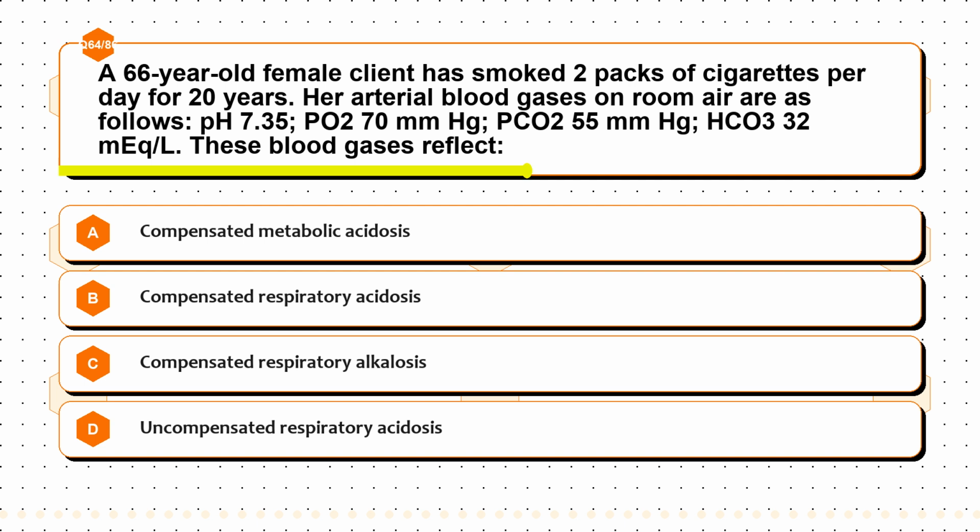These blood gases reflect. Here are the options. Option A, compensated metabolic acidosis. Option B, compensated respiratory acidosis. Option C, compensated respiratory alkalosis. Option D, uncompensated respiratory acidosis.